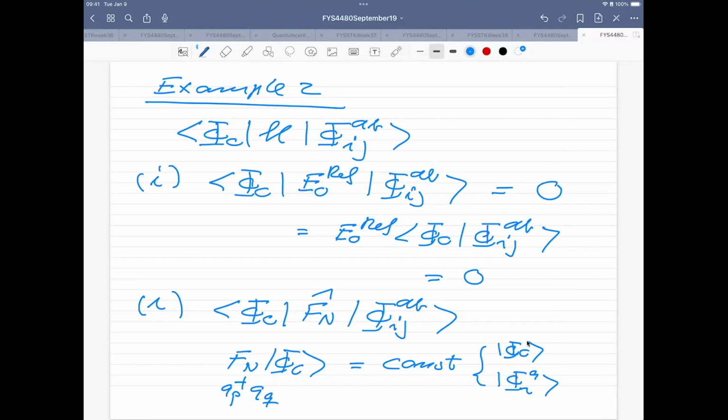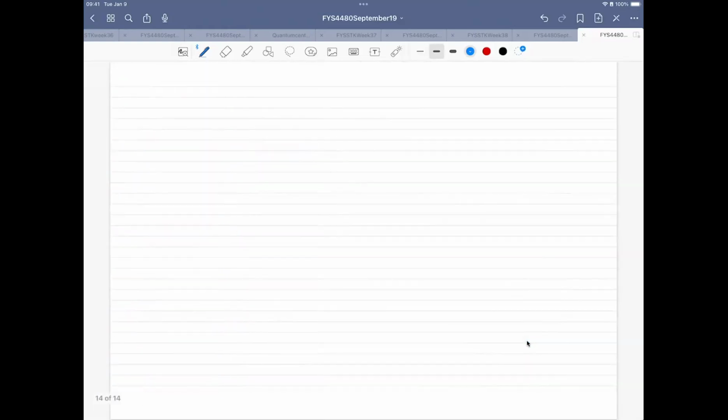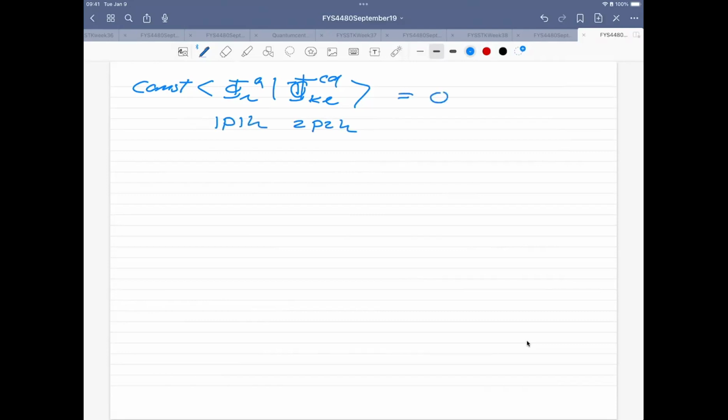But then when you look at the terms which you have, this is an operator which now has two particles, two holes. So suppose now that you are creating a one particle, one hole state, then you will have an overlap between this state and the state here, and now I'm going to put different indices, k and l and c and d. And this is a two particle, two hole state with a different single particle state and a one particle, one hole. So this has to be equal to 0.